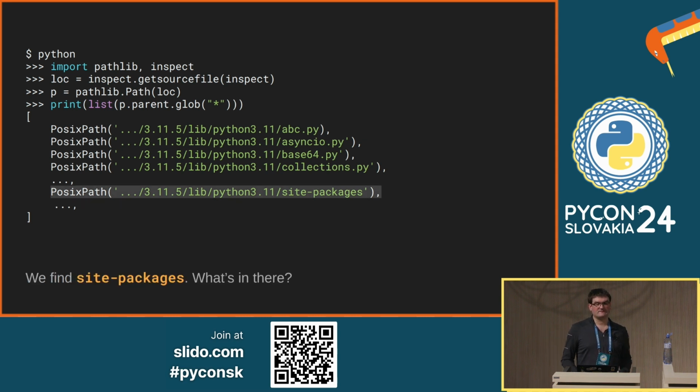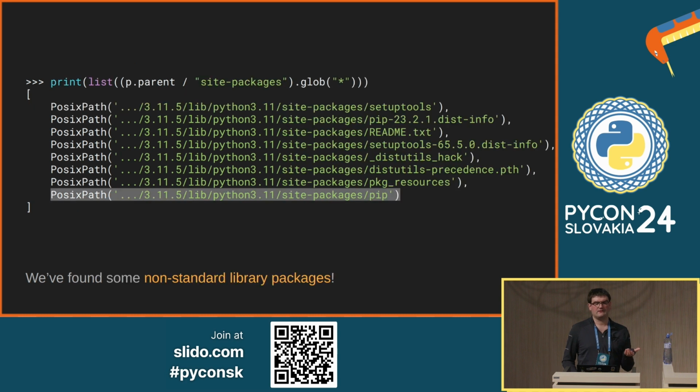But we've also got this site-packages directory, which isn't a file, it's a directory. So what's in there? If we take a peek in there, doing the same thing inside of that directory, wow, we've got a few bits and pieces in here. This is a fresh install of Python, but we've just found a couple of our first packages that exist inside of Python that aren't in the standard library.